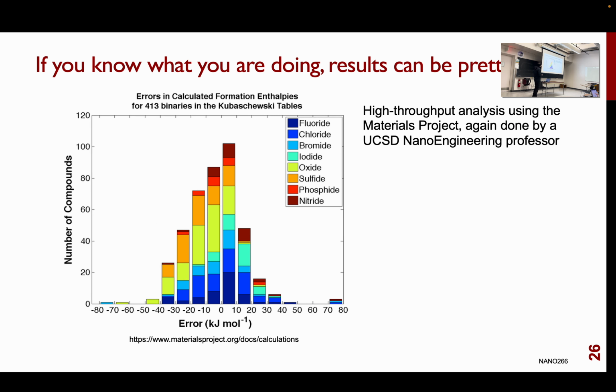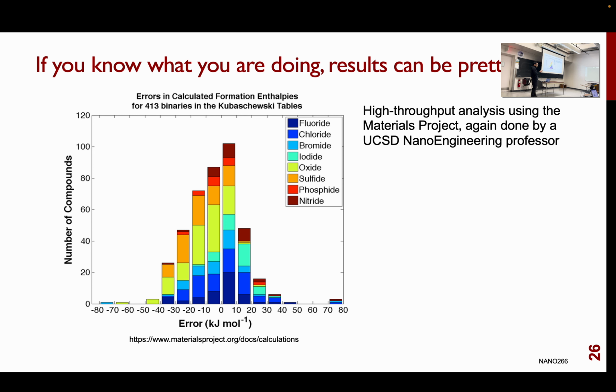If you know what you're doing, the results with your standard semi-local DFT can be pretty good. This is a high throughput analysis that I did for different binary compounds in the Materials Project. The Materials Project is a very large open database of computed properties of different materials, and what you see is that across all the different chemistries, the formation enthalpy errors are distributed around 0.